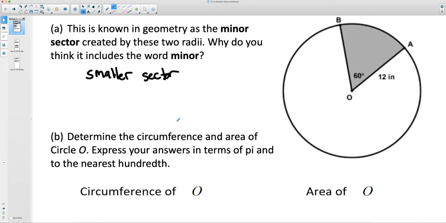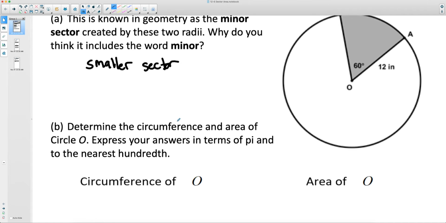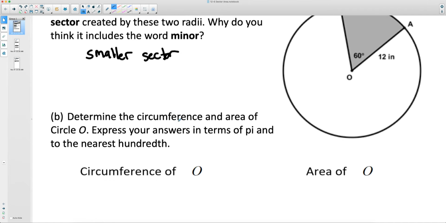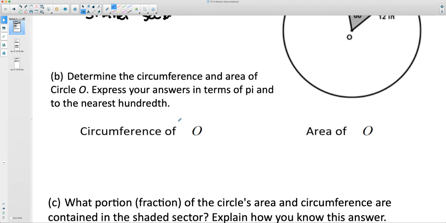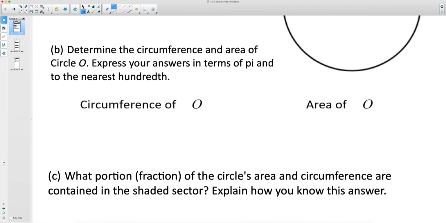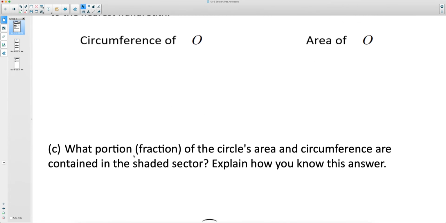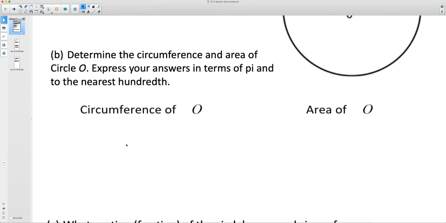Okay, it says determine the circumference and area of circle O. Express your answers in terms of pi and to the nearest hundredth. We need to think of our formulas for circumference. It's okay if you don't remember it, but circumference is pi times the diameter.